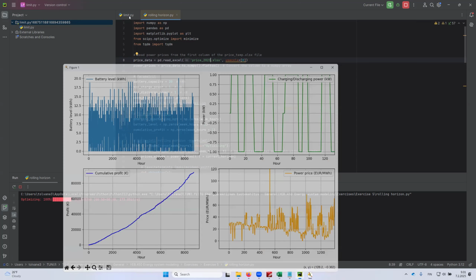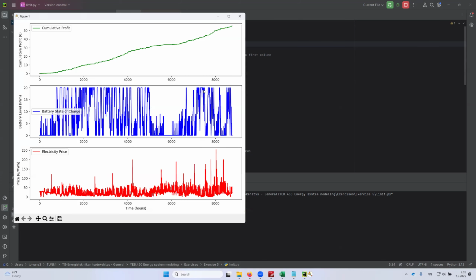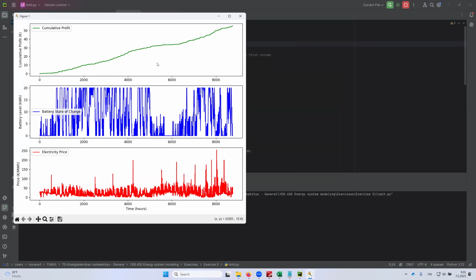So if we use this limit and see this one again, let's put it in here. This is going to take a while. So the cumulative profit is going to be some 50, and I think it's missing thousands from here.